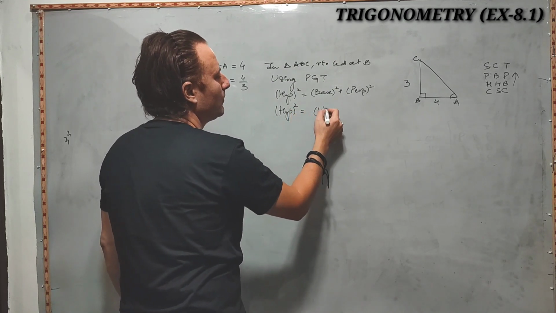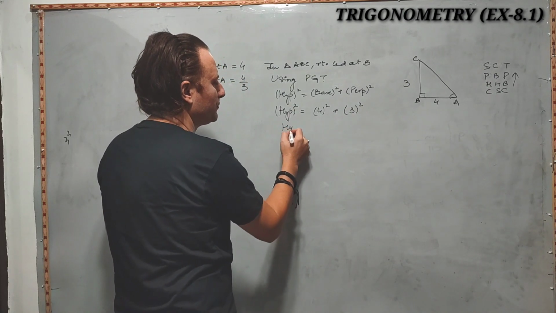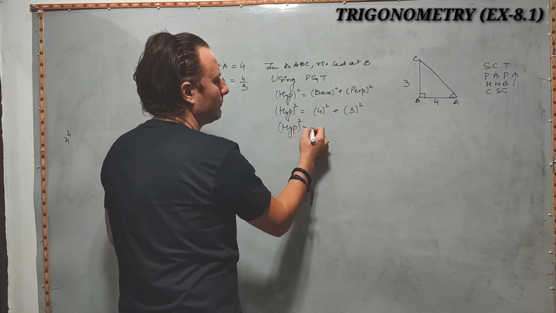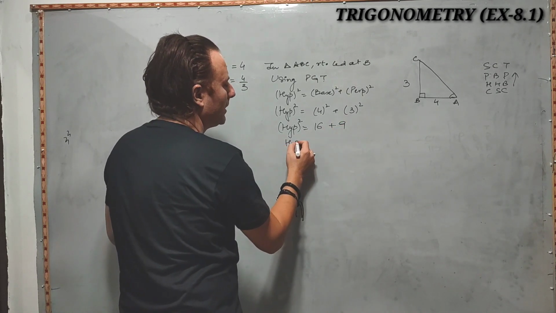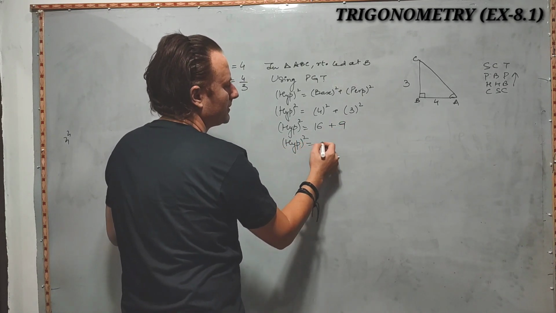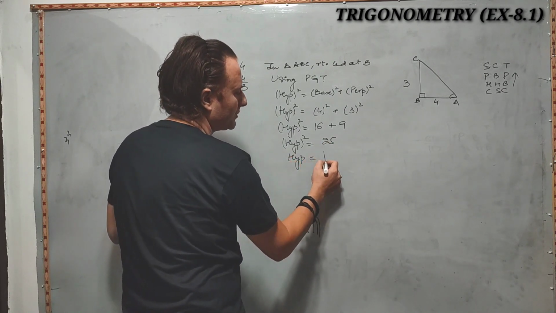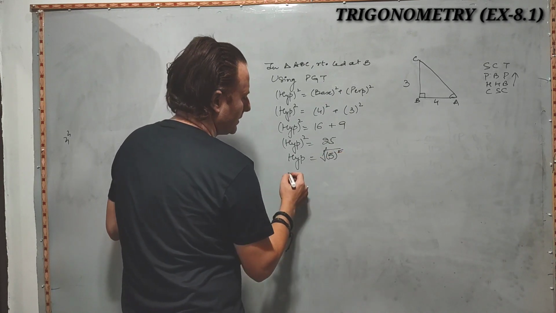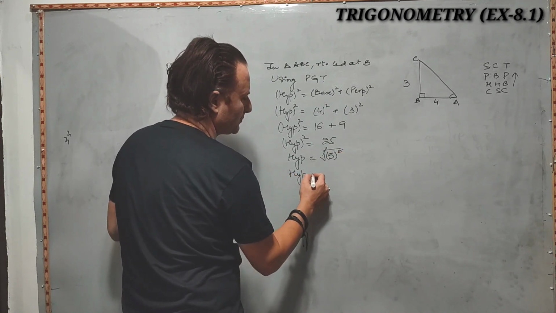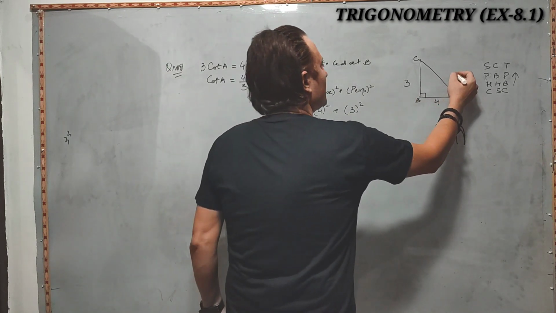Base is 4, then we have perpendicular 3, hypotenuse square, 4 square 16, then we have 9, hypotenuse square, this is 25, then hypotenuse is under root, I can write 5 square, and now hypotenuse is equal to 5.